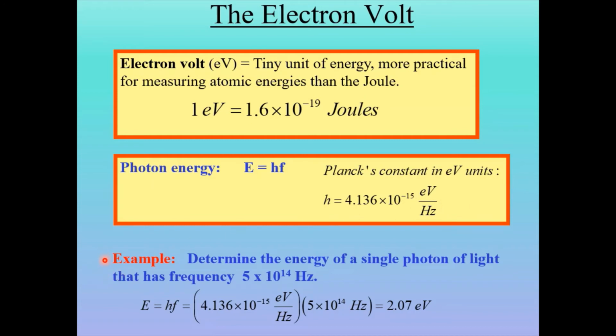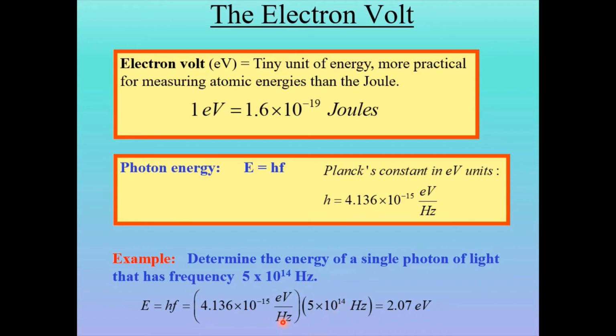As an example, determine the energy of a single photon of light that has the frequency of 5 times 10 to the 14th hertz. Using our formula here, energy of a photon is equal to hf. h is this number right here, 4.136 times 10 to the minus 15 eV per hertz, and we multiply it by f, which is the frequency in hertz, which is 5 times 10 to the 14 hertz.